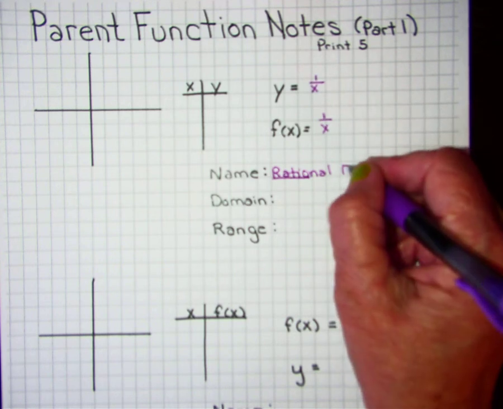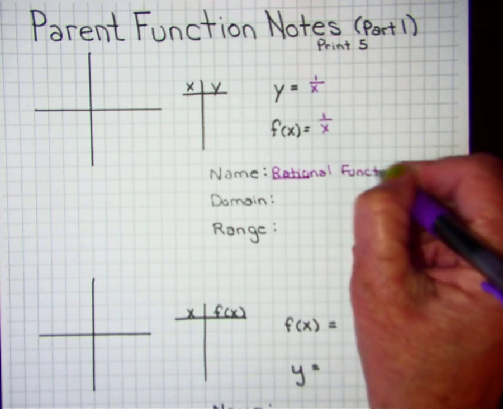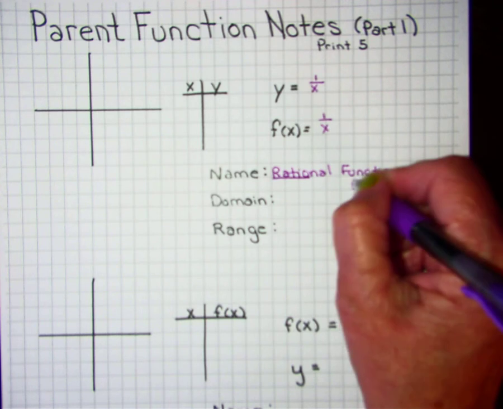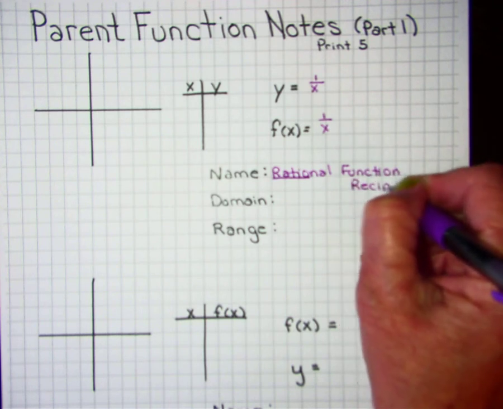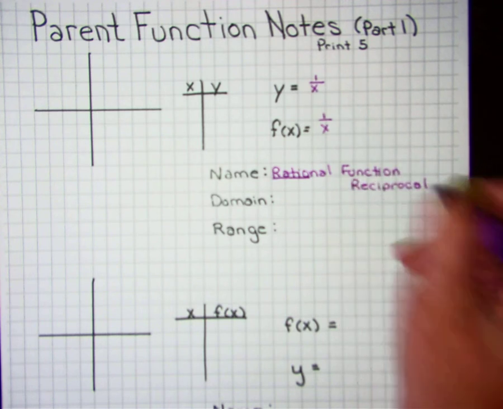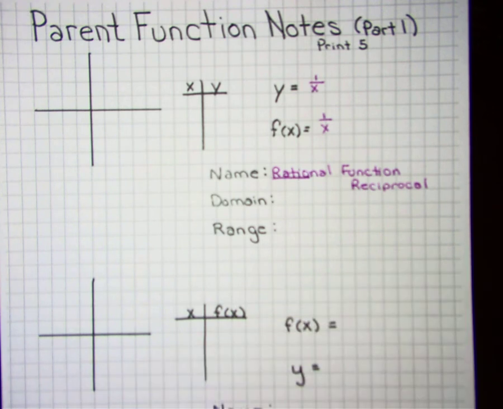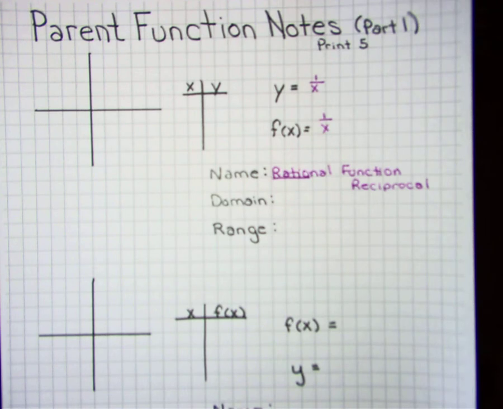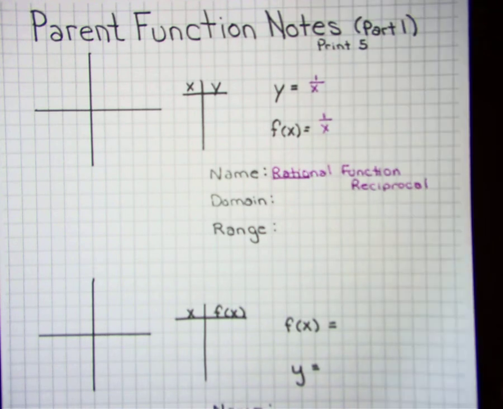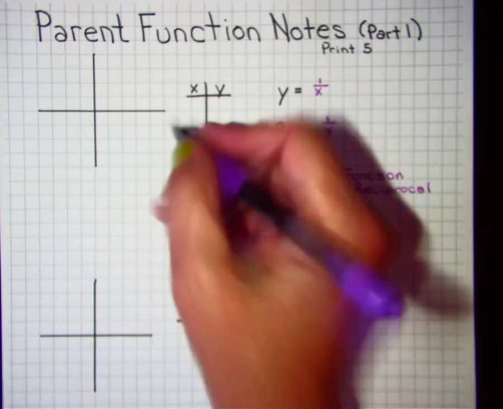So it's a rational function. Sometimes it's also called the reciprocal function. Okay, for this function, we can plug in a lot of different things for x, but there's one we can't. So let's look at some plots.